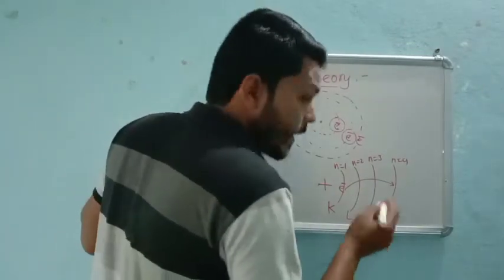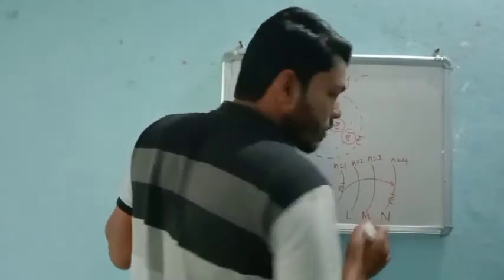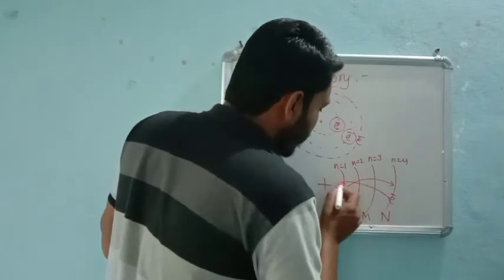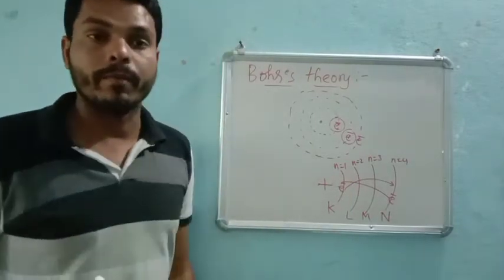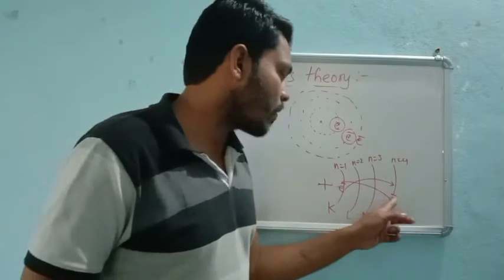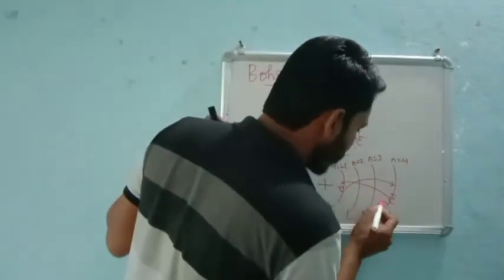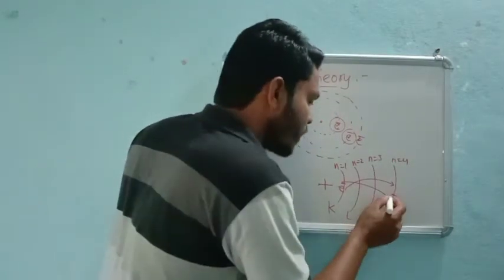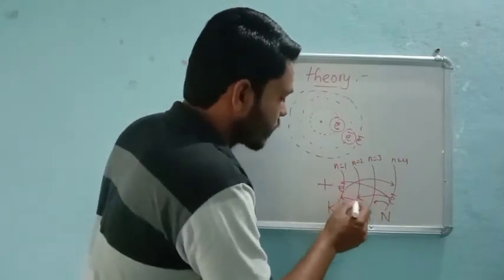And whenever a loss of energy takes place in the electron, definitely it will jump from a higher level to a lower level according to its capacity, right? If the electron loses just a small amount of energy, then it might jump here itself. If it loses more energy, then it might come here, or else to the last energy level, like this.